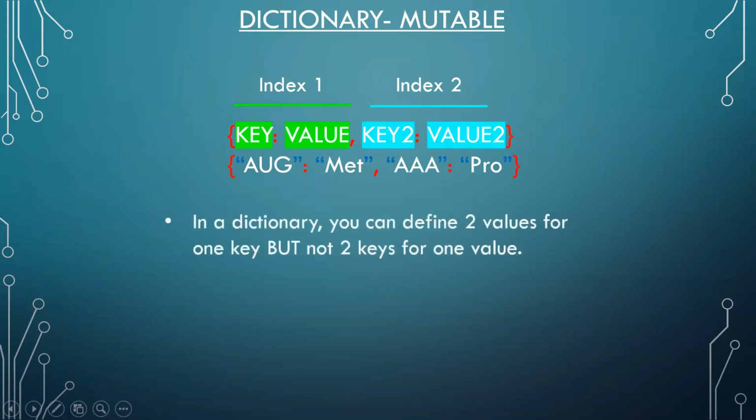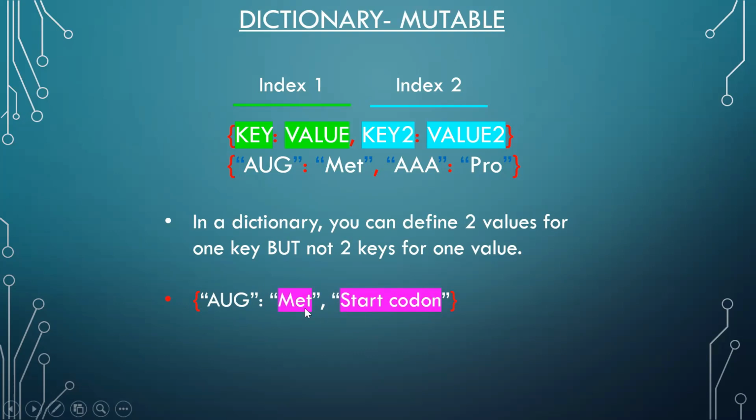Okay. Now, in a dictionary, you can define two values for one key. So, for example, I can have AUG colon Met, comma, start codon. So there can be for one key two values, but not vice versa. You cannot have two keys and one value. Okay. So here I have one key and then two values.